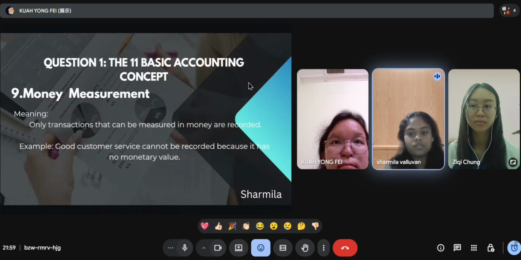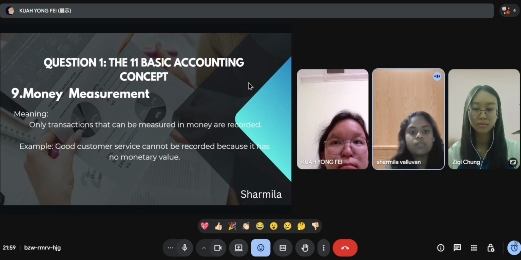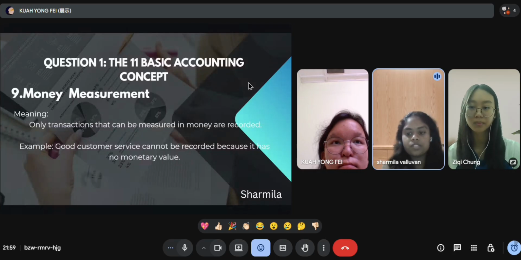Next one is money measurement. Money measurement means only transactions that can be measured in money are recorded. For example, good customer service cannot be recorded because it has no monetary value. A business buys furniture for 2,000, recorded.